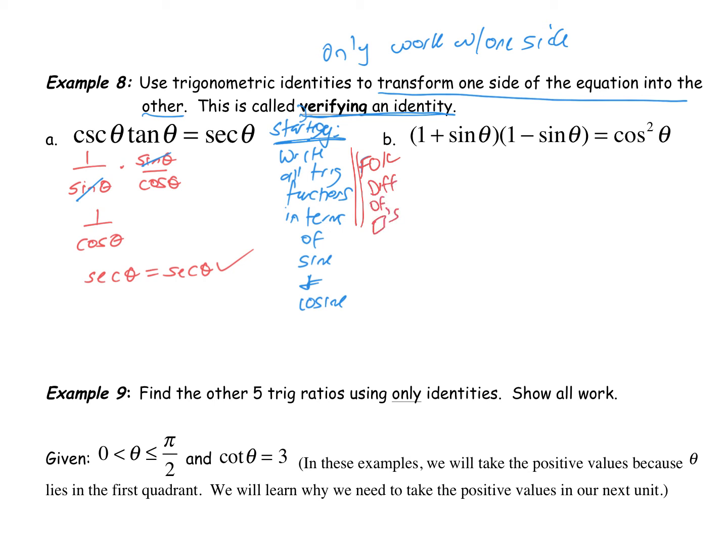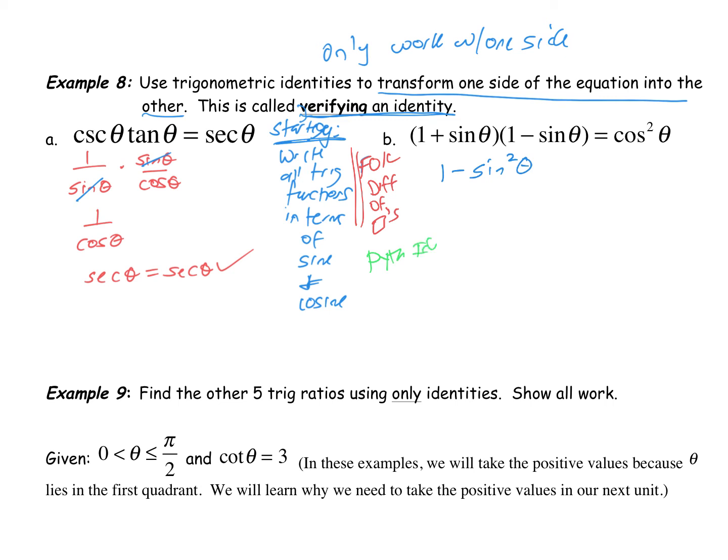If we expand that, 1 plus sine theta times 1 minus sine theta is 1 minus sine squared theta. And then by the Pythagorean identity, I'm going to just put a little note on the side. This isn't really part of the verification.